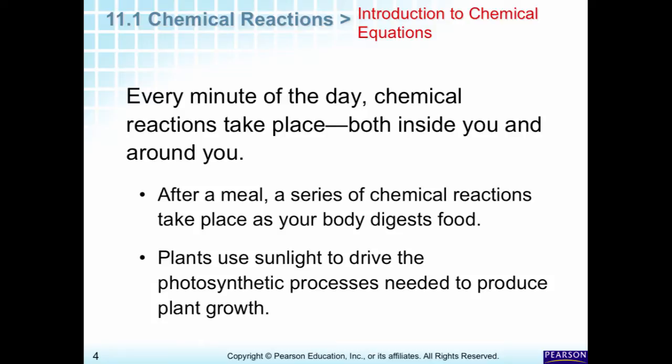Then after you digest it, it gets simpler and simpler so that it can provide the energy that your body needs to go through all its processes. Plants, on the other hand, make food. The process of turning sunlight into food for the plant is called photosynthesis, which you've learned in biology before.